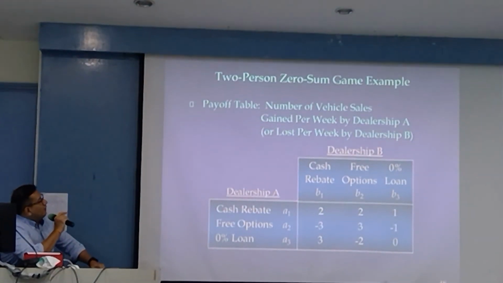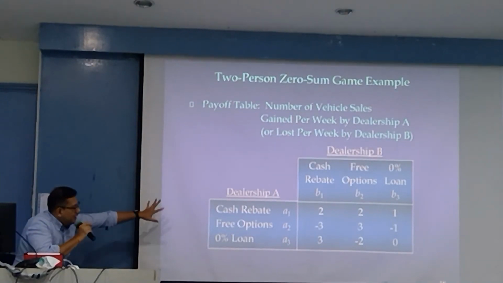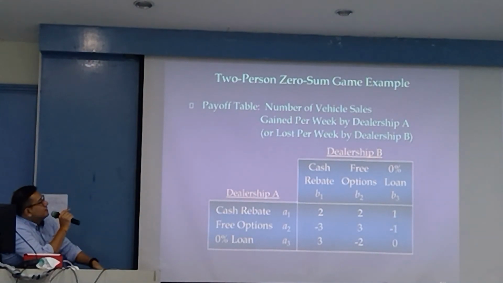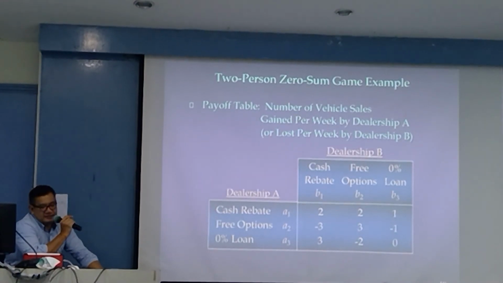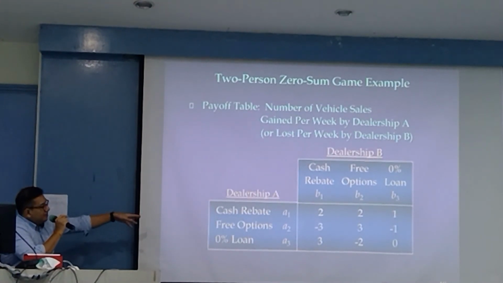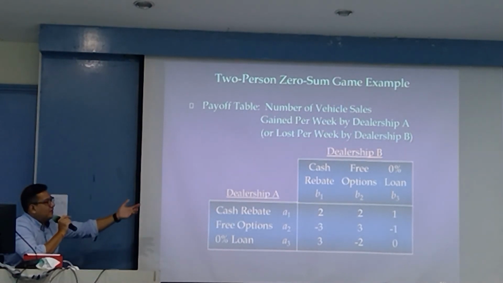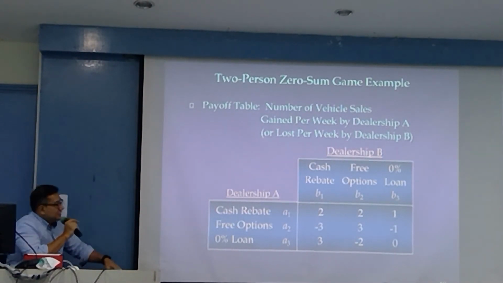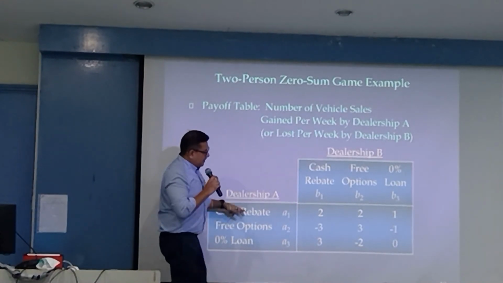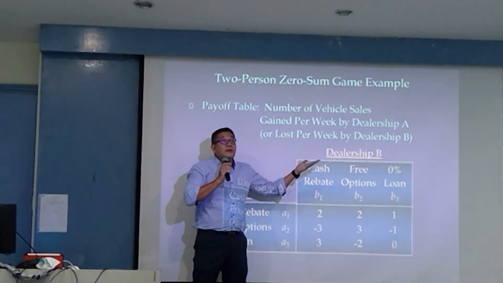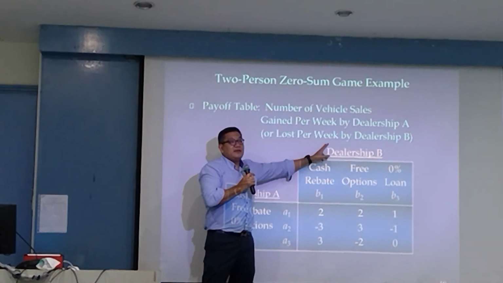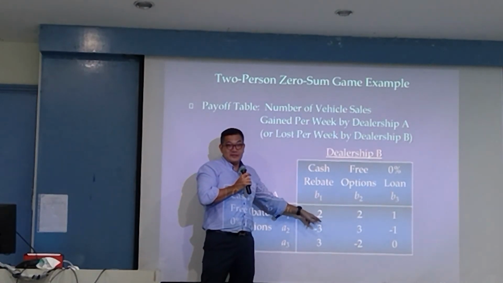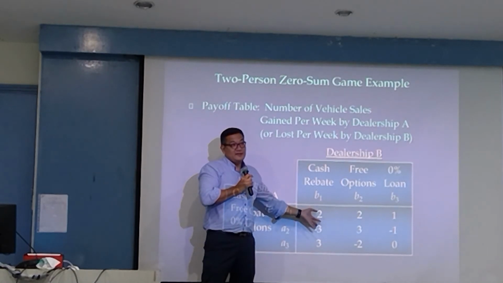The numbers in the table are the percentage of sales. For example, if dealership A applies the first strategy, cash rebate, we call it strategy A1, they can expect a 2% increase in their sales. And for sure, if this company gains 2%, this company is going to have a 2% decrease in market share.